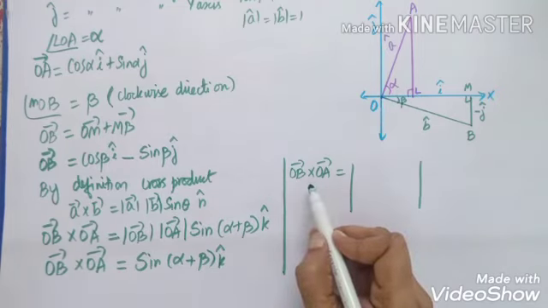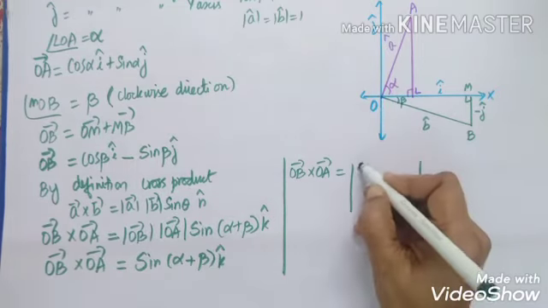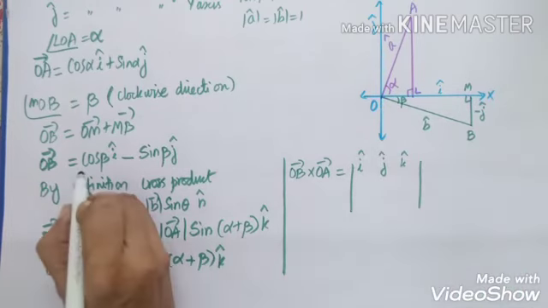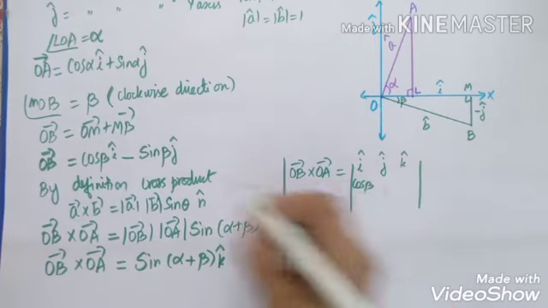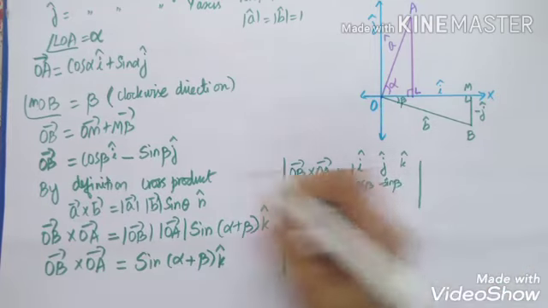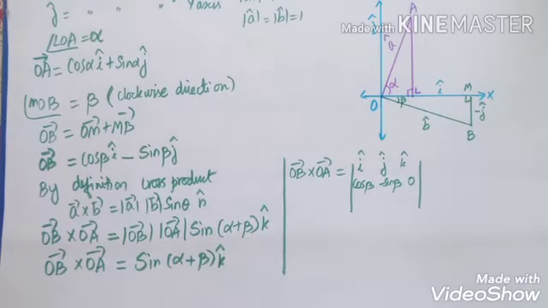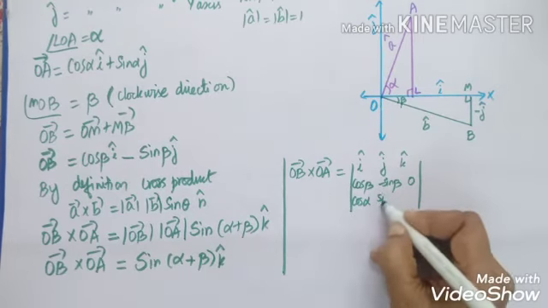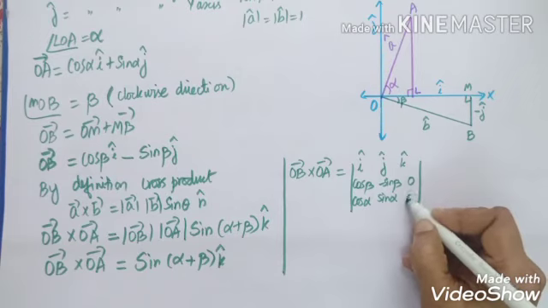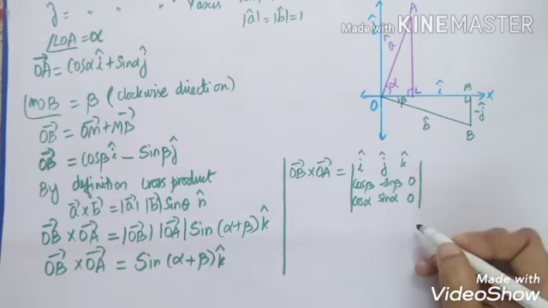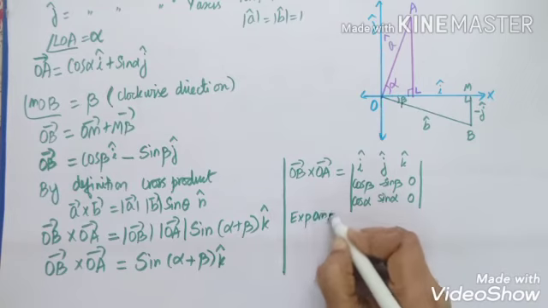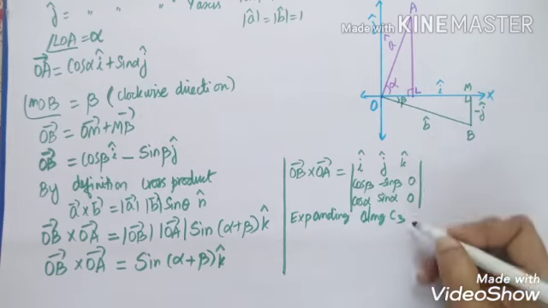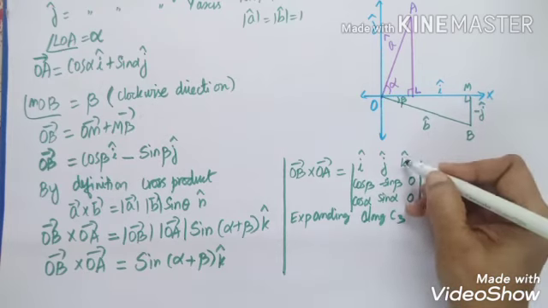Finding the cross product using the determinant operation. First row i j k, second row the OB vector: cos beta, minus sin beta, and k is not there, so 0. Similarly, the OA vector: cos alpha, sin alpha, and k is not there, 0. Here there are more zeros, so expanding along column 3, these are 0, forget it, only k is there.